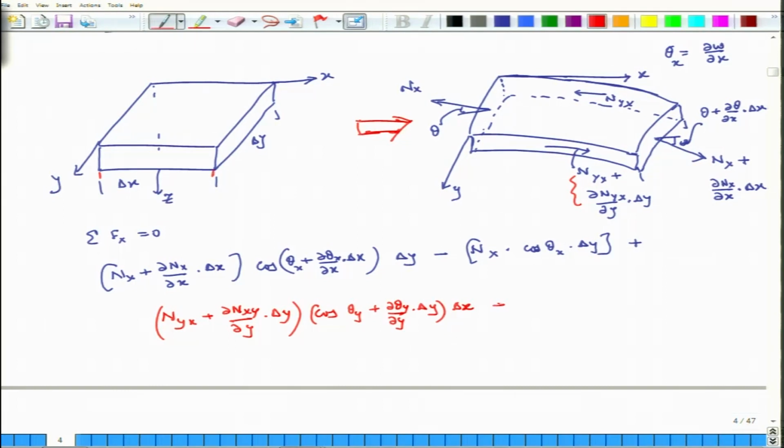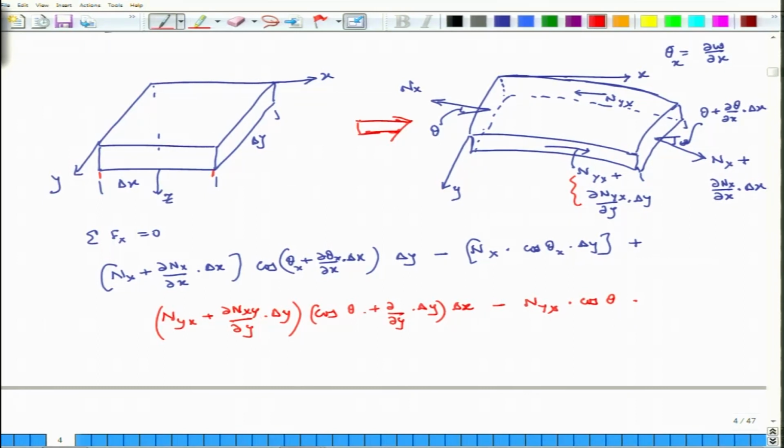And if I look at the other face, it is nyx times cosine theta y times, so theta y, and actually this should not be theta y, it should be theta x, because we are considering the variation only in the x direction.